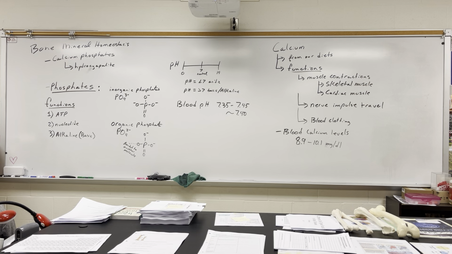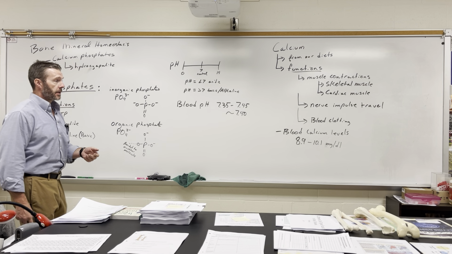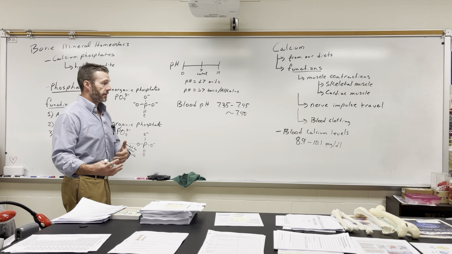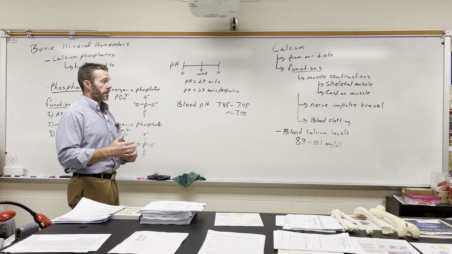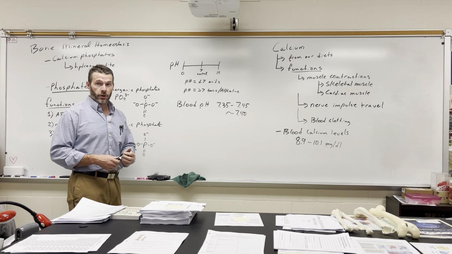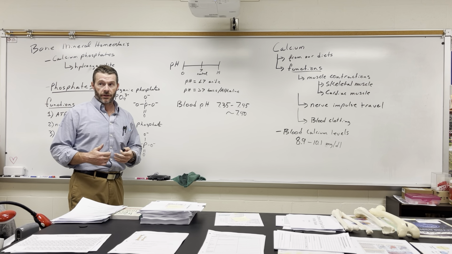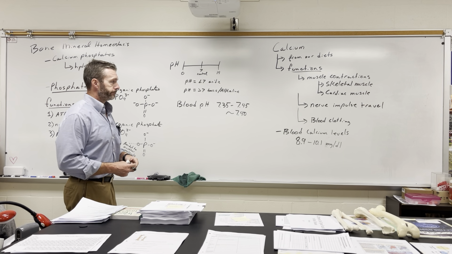Since we're talking about blood calcium levels, if you drop below 8.9, you have something called hypocalcemia. Hypo meaning below normal levels, cal for calcium, and then emia at the end for blood. If you get a blood calcium level above 10.1, then you're dealing with hypercalcemia.